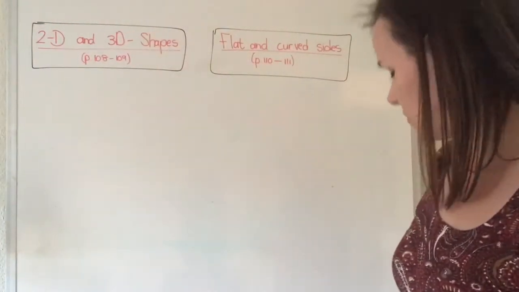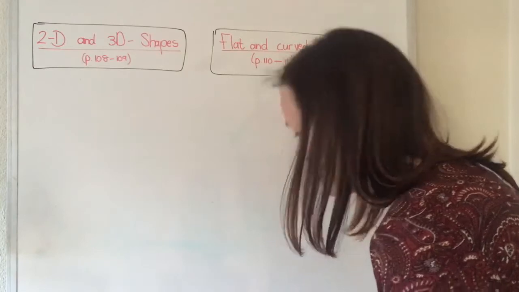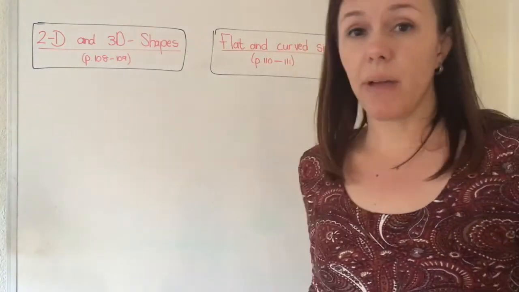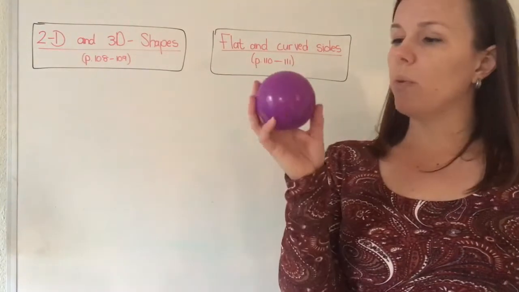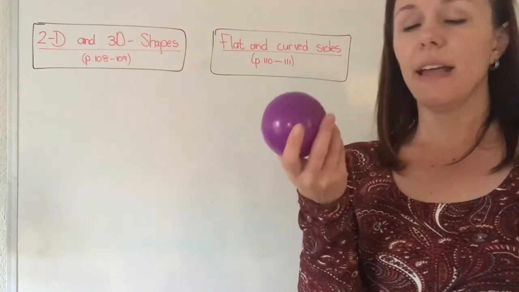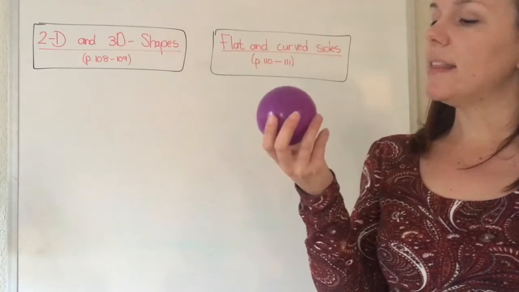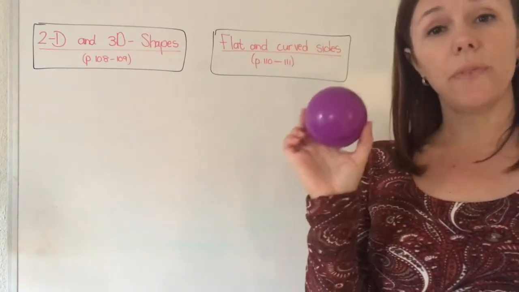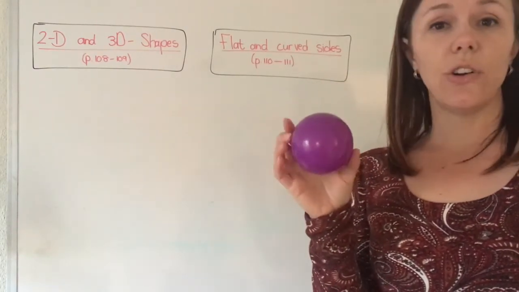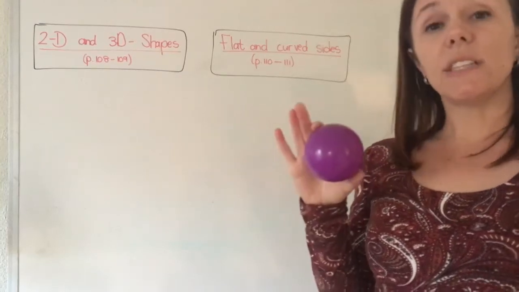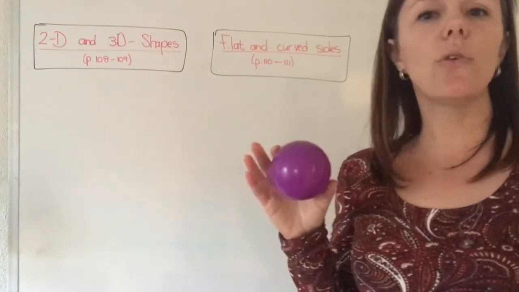And then we're going to also look at the different shapes that we get, mathematical shapes. So this ball over here is a 3D shape, and it's a perfect round circle. And this is what we call a sphere. So if you have a circle that's drawn on a page and it's a 2D circle, then we just call it a circle.